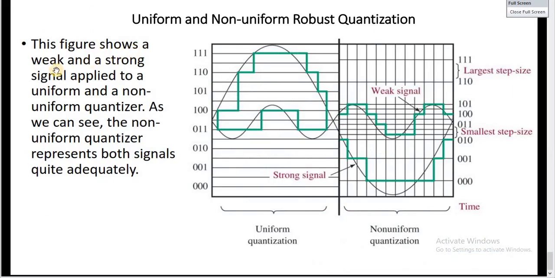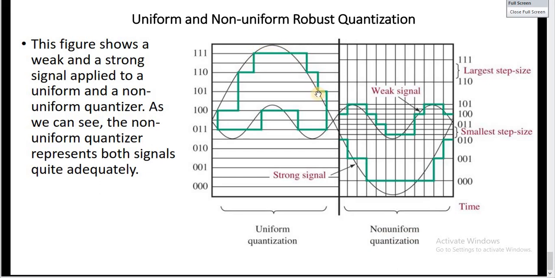This figure shows a weak and a strong signal applied to a uniform and a non-uniform quantizer. As we can see, the non-uniform quantizer represents both signals quite adequately. On this part, we have the uniform quantizer, and on this side we have the non-uniform quantizer.